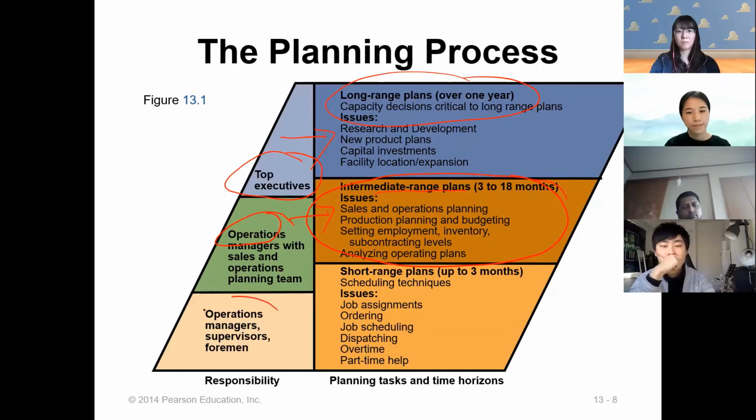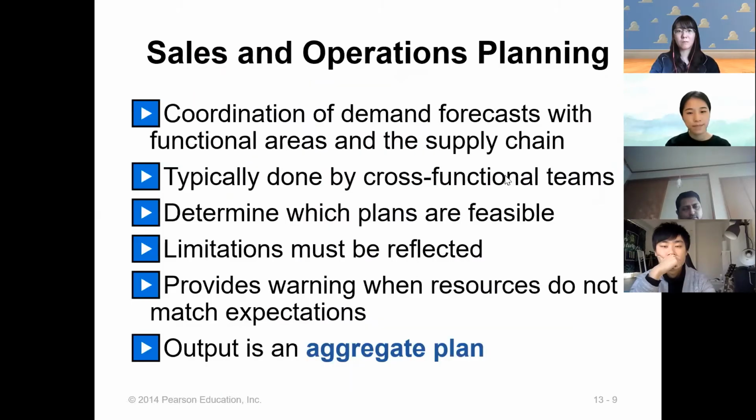But of course, for the short term also operation managers will be involved because you're talking about scheduling. We'll see this in the next chapter, scheduling. So now we are focusing on this intermediate planning process.